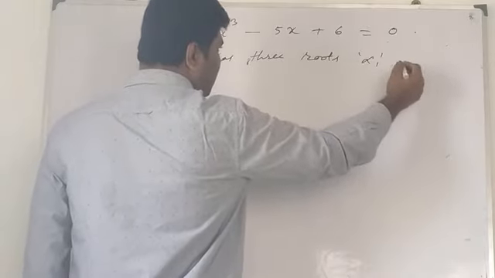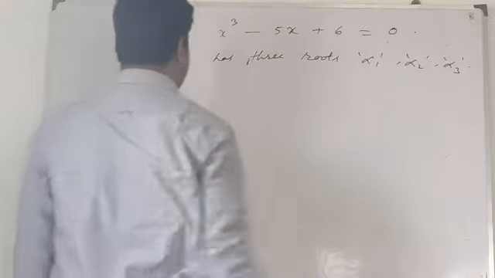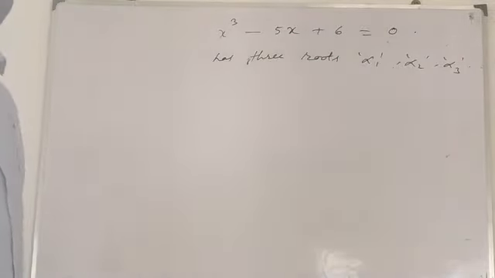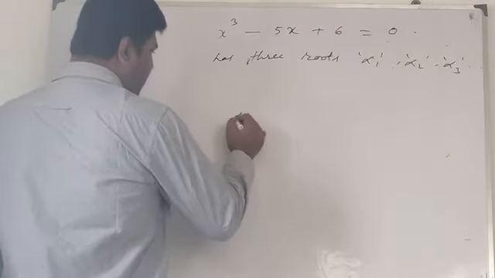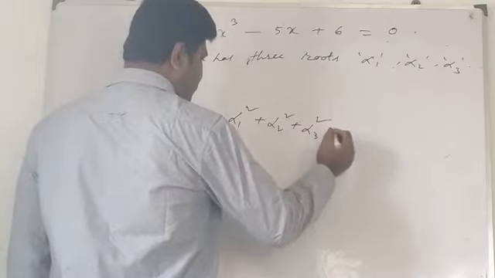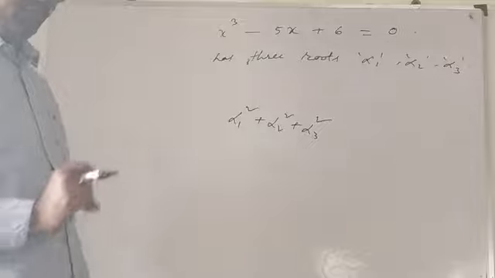Alpha 1, alpha 2, alpha 3. Now, if it is being asked that what is the value of alpha 1 square plus alpha 2 square plus alpha 3 square, so it can be found out easily. How?